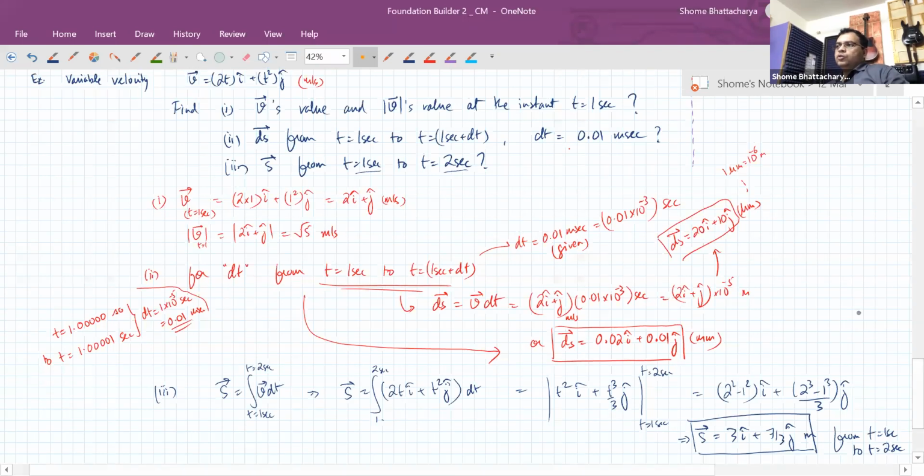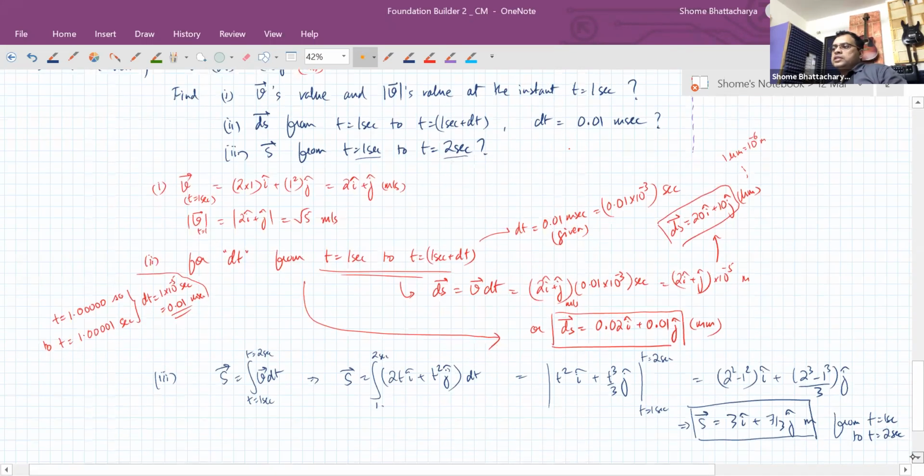Okay, so anyhow, people, hope this is clear. All right, so let's now come back to vertical circular motion, what we are discussing.